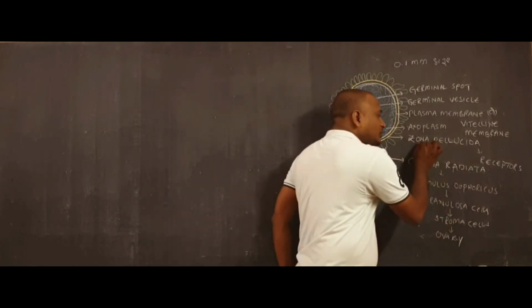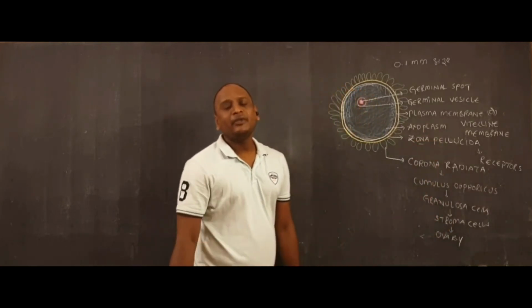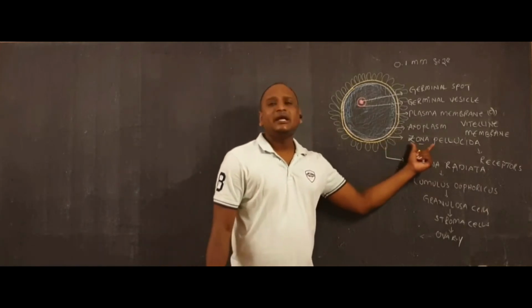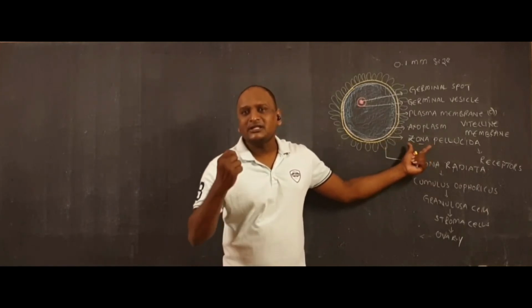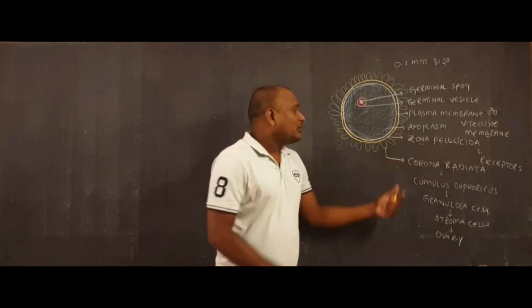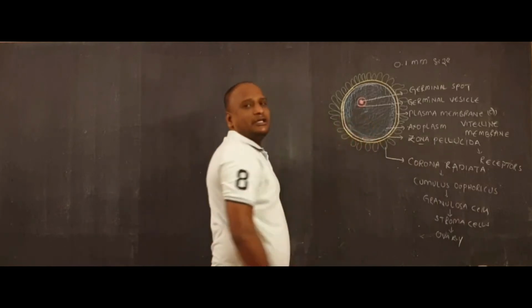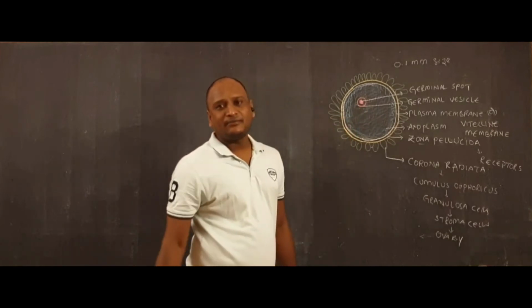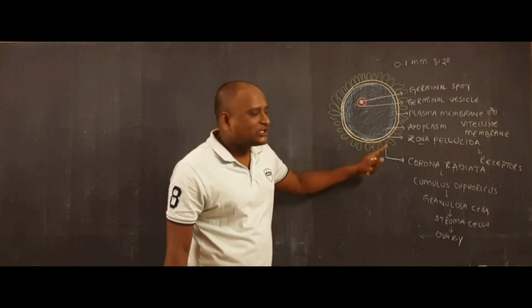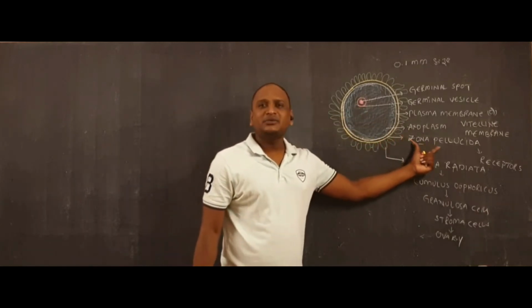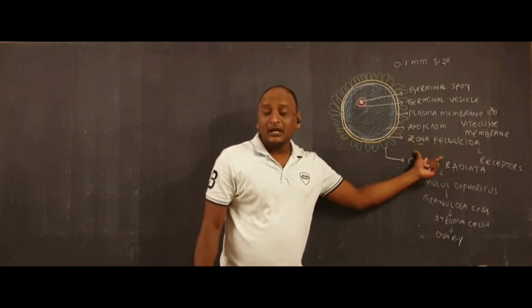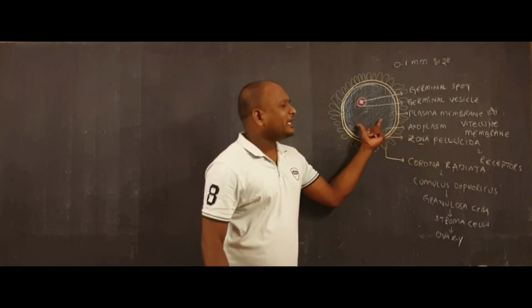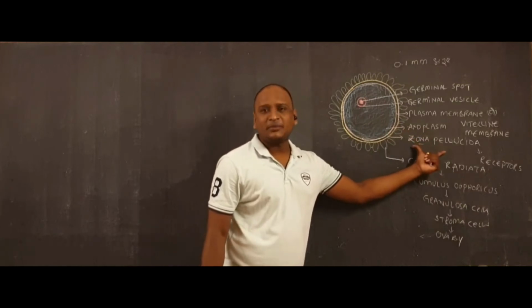When you observe the zona pellucida, in some cases it is formed by both the egg cell as well as the corona radiata. In some organisms, only the egg cell helps to produce the zona pellucida.